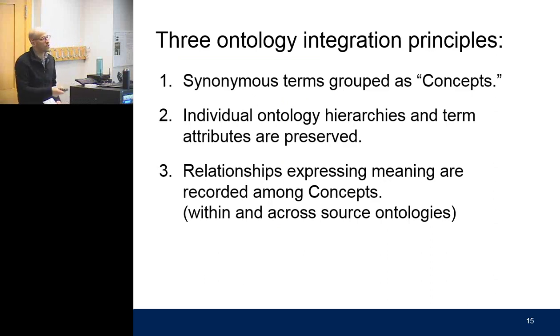And the third ontology integration principle is that relationships expressing meaning are recorded among concepts. Basically, this is saying that related terms are linked across concepts, and that might come from their individual vocabularies and ontologies, or these may be relationships between terms that have actually been manually added by Metathesaurus editors or by end users in concerted efforts to map certain vocabularies to one another.